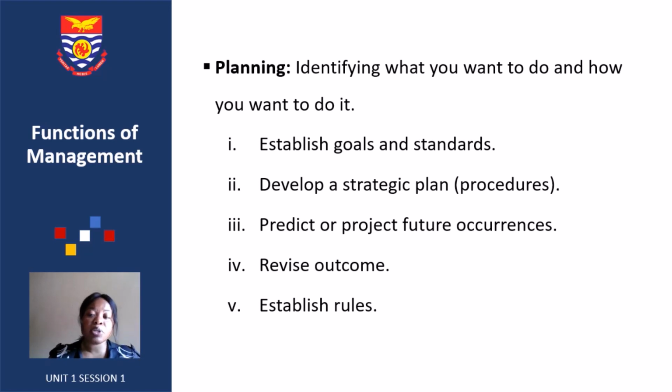That's how much you have to predict, for future occurrences, be it positive or negative. After you've gone through all these and you've achieved your outcome, you have to revise it to see if what you set out to achieve, you've been able to achieve effectively.